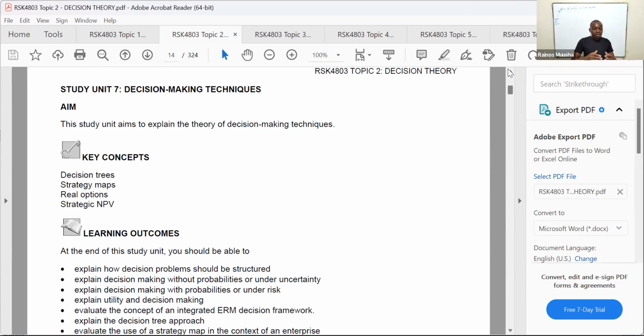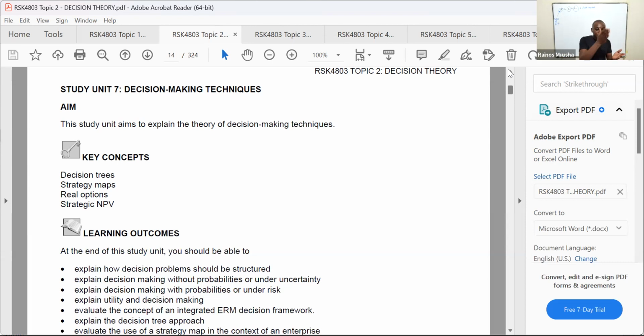And now that you have been able to identify situations of risk that are relevant to you in your decision making, you'll see that there are going to be different scenarios that are likely to play out going into the future, because you cannot predict the future with certainty, isn't it?